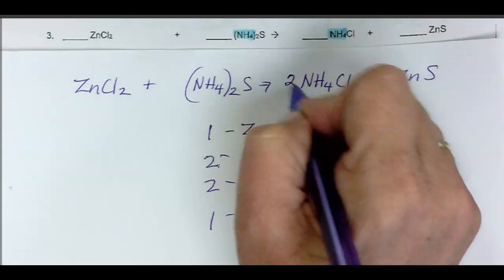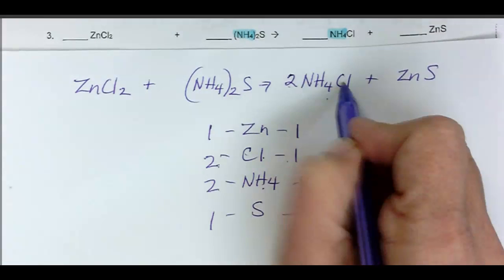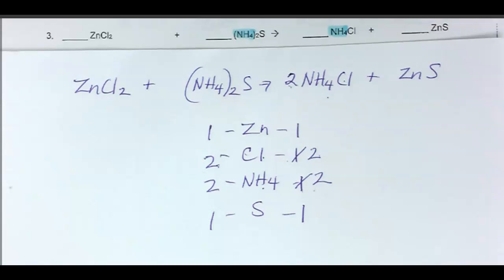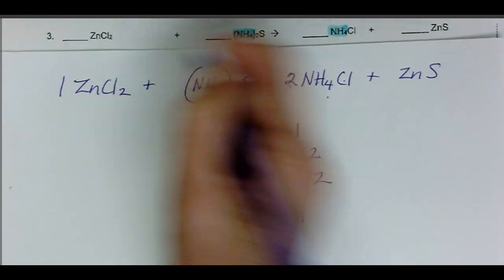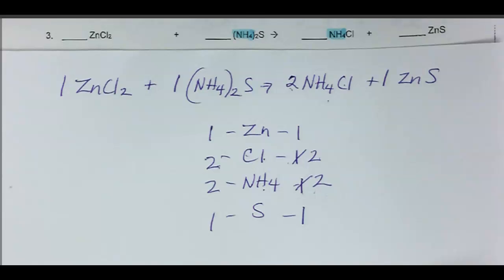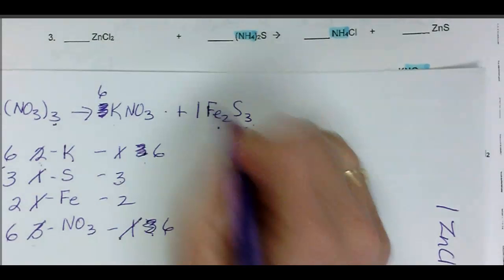If I put a 2 here, that's going to give me 2 chlorines and 2 ammoniums, and that looks like that's all that needed. Okay, so 1, 1, 2, 1. Just real quick going back to this one, I did forget to put the 1 in there.